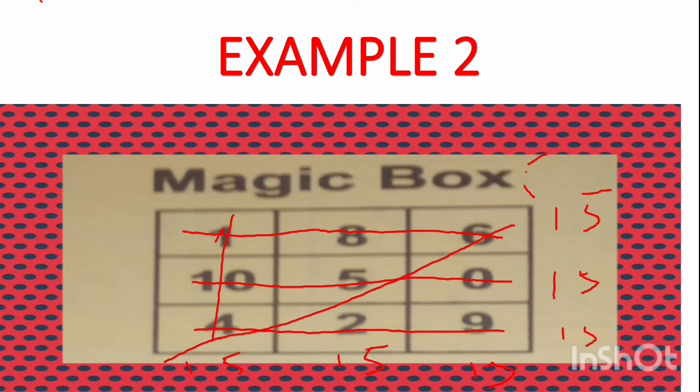The first row contains 1, and we have 8 also, and we also have 6 there.